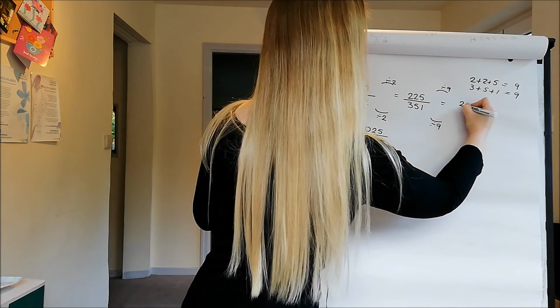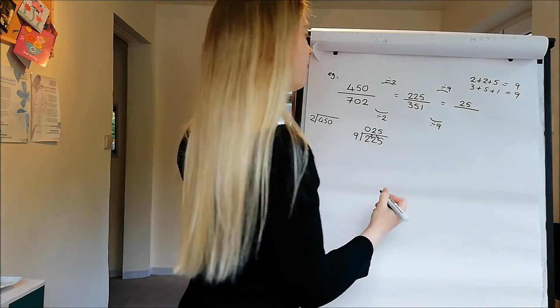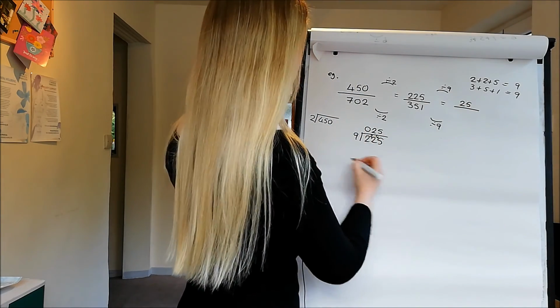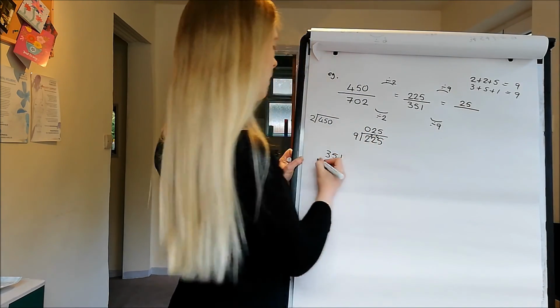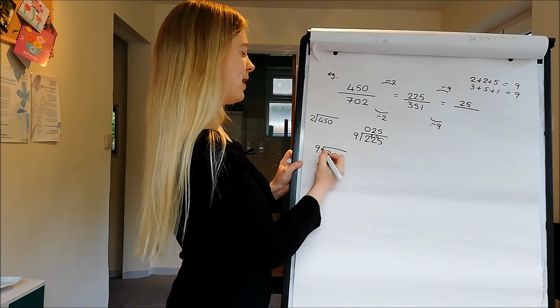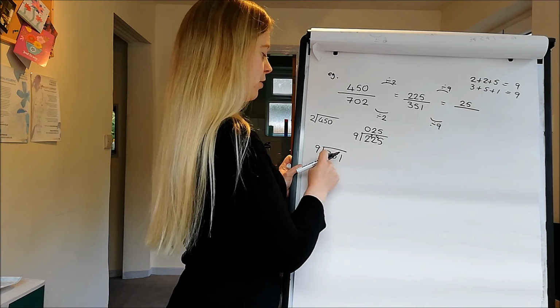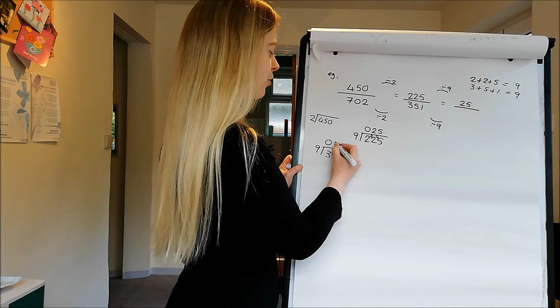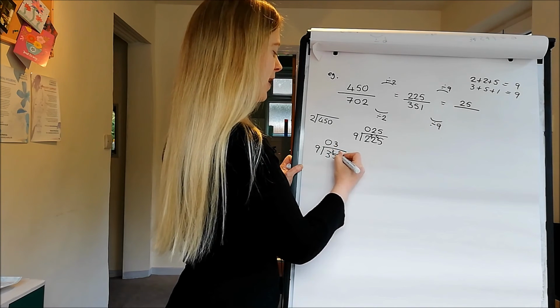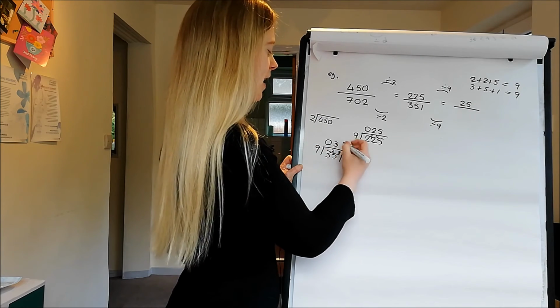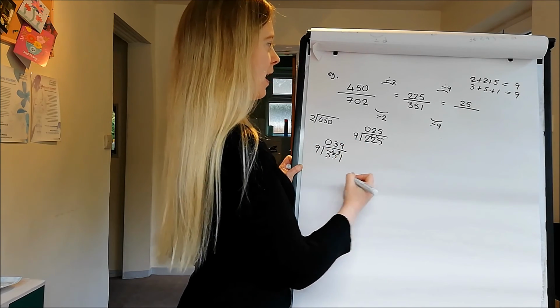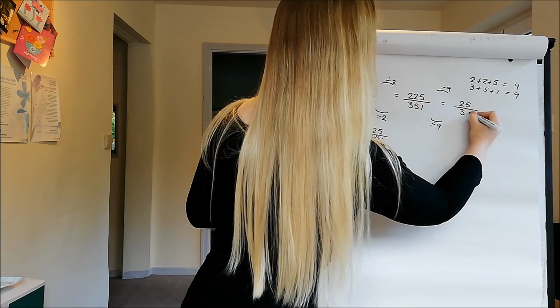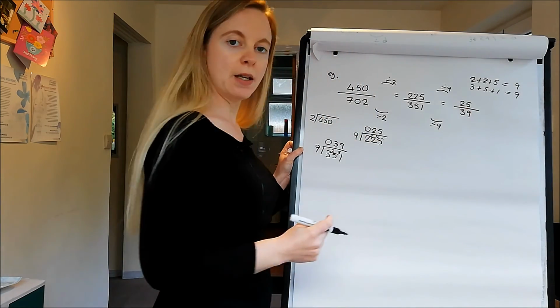So the top part is going to be 25. Then I have to put 9s into 351 as well, which again I'll set off to one side. So 9 into 3 doesn't go. 9 into 35 goes 3 times, remains at 8. And 9 into 81 goes 9 times. So I have 25 over 39.